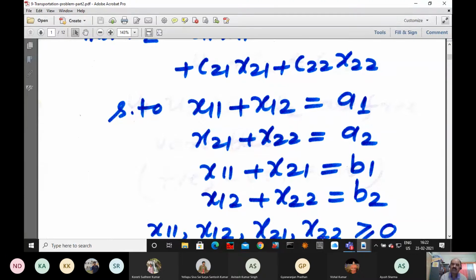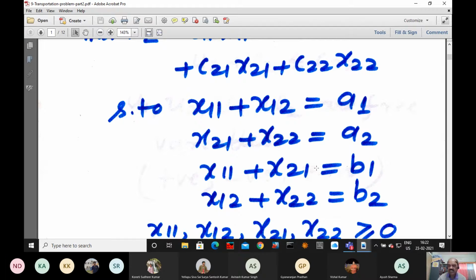There are 4 primal variables, so we also have 4 dual constraints. So we'll have 4 dual variables and 4 dual constraints. Okay. So that you have learned.